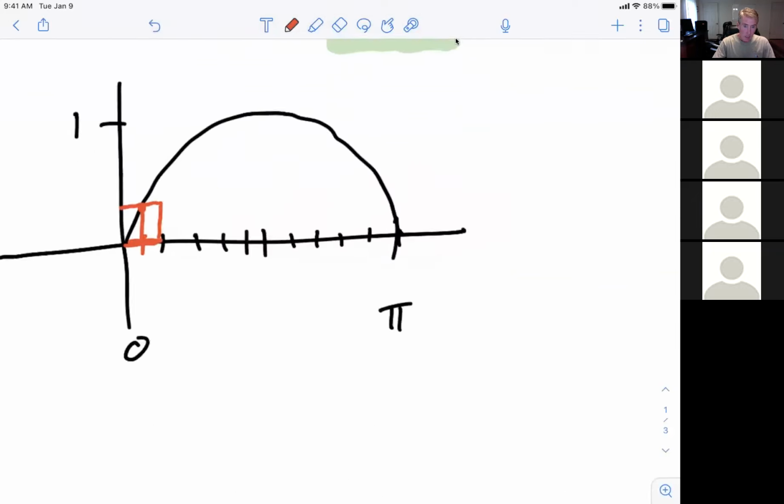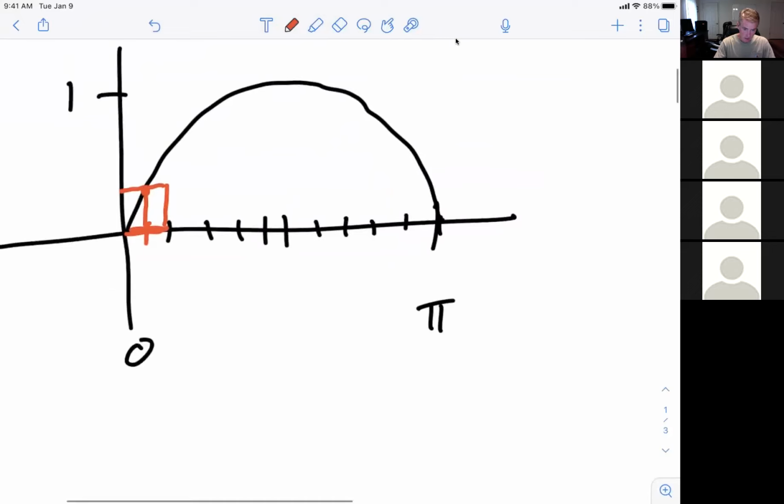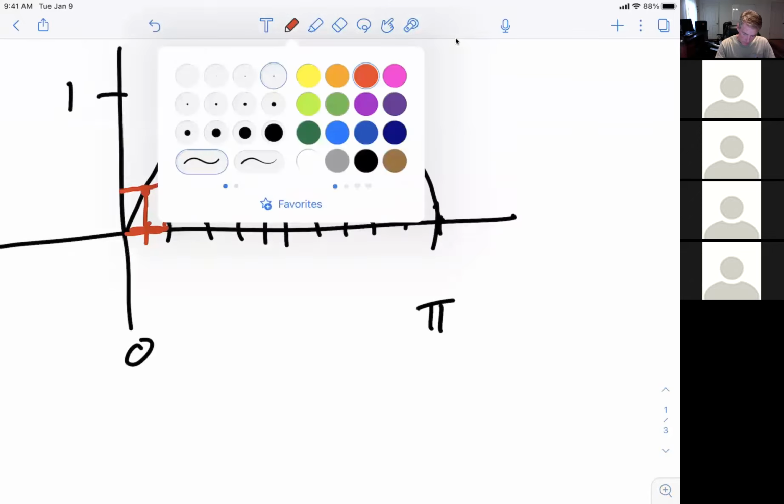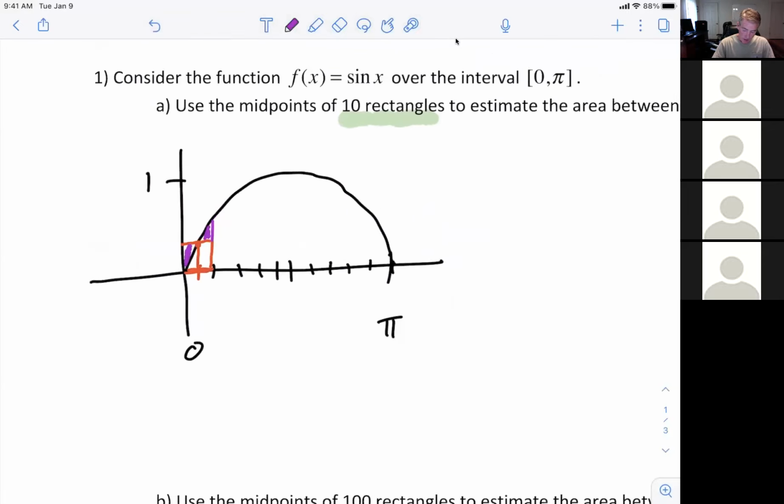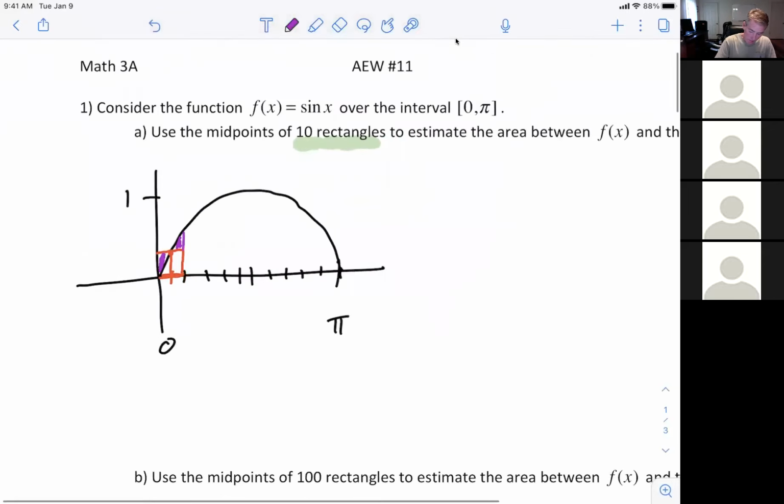And then that rectangle is going to be a decent estimate, but right here, it's going to be missing this area, but it would be counting this area. And those two purple areas are about the same. So that rectangle would be a pretty good approximation. So that's the reason I'm using the midpoint of the rectangle.